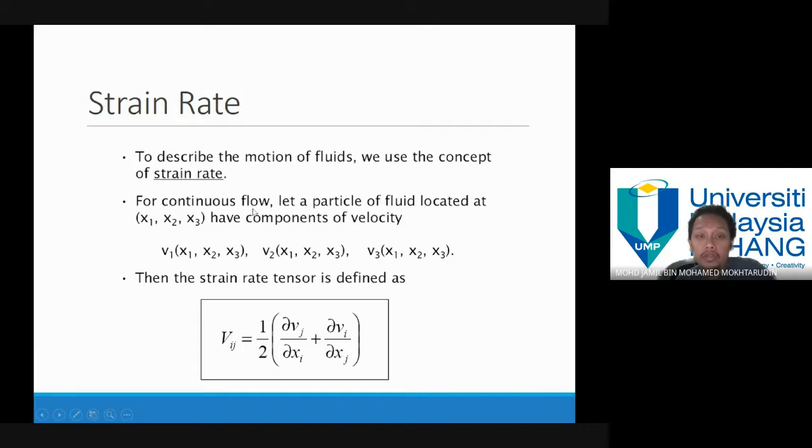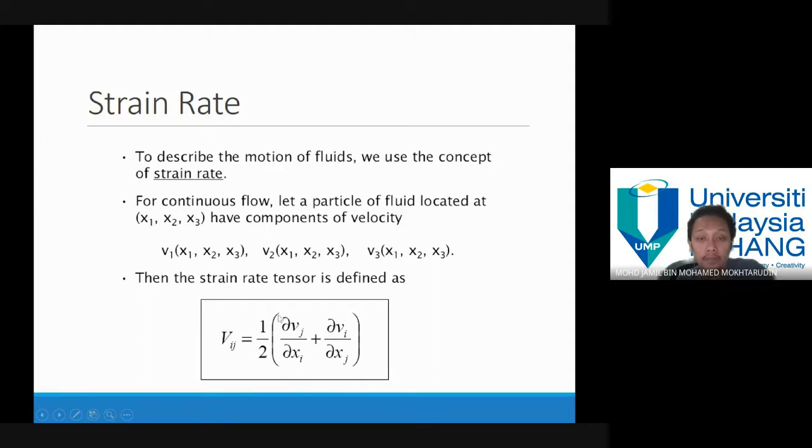So for continuous flow, let a particle of fluid be located at some coordinates, and we have the velocity of that particle. And for strain rate, we also have a tensor, or a matrix form, which can be defined as: V, the strain rate, equals 1/2 of del V, the velocity, over del X, okay?